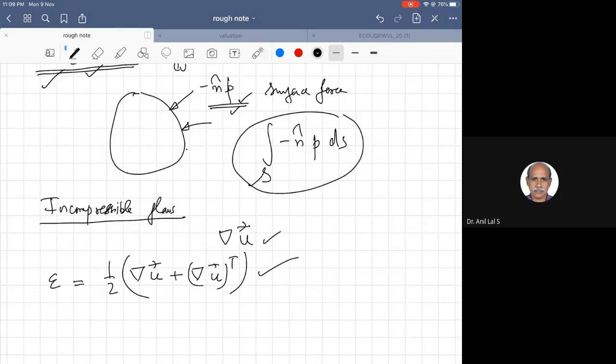So the strain rate ε is equal to half of the gradient of velocity plus ∇u transpose. This is called the strain rate tensor.